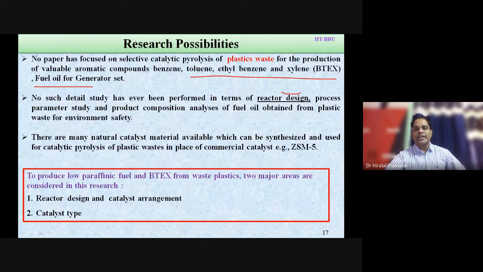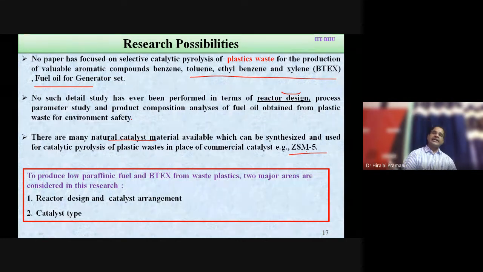And the third one is, many papers have concentrated on the commercial catalyst ZSM5, but there are many natural catalysts which could be used effectively in place of ZSM5. So that possibility has also been explored through this study.